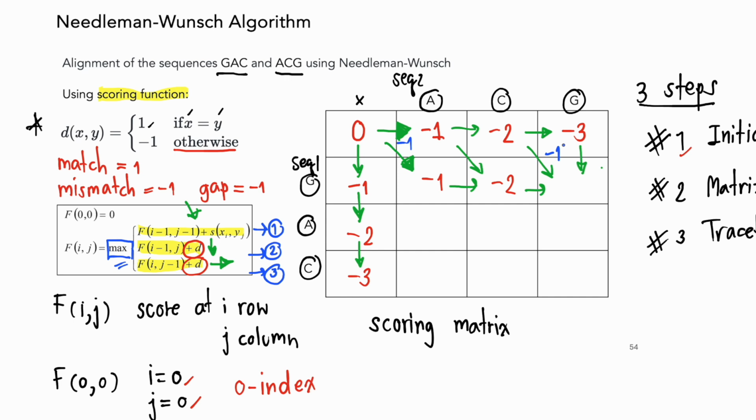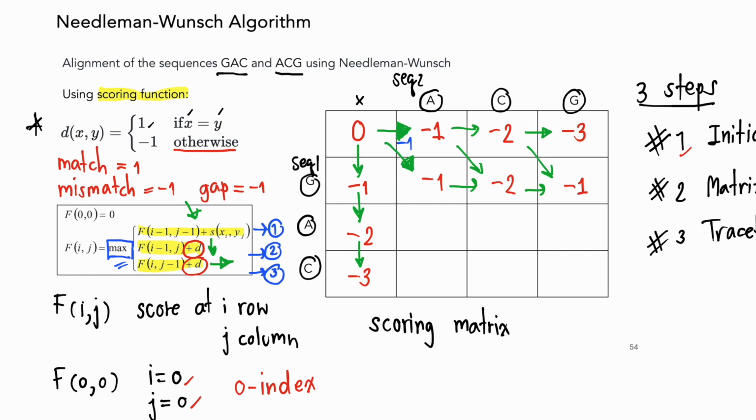So -3 plus -1 will be -4. -2 plus -1 will be -3. So you can see that the -1 score is the maximum value here. I will put the final score -1 here. And I will remove the arrow and score from the top cell because it gives the lower value. Okay?